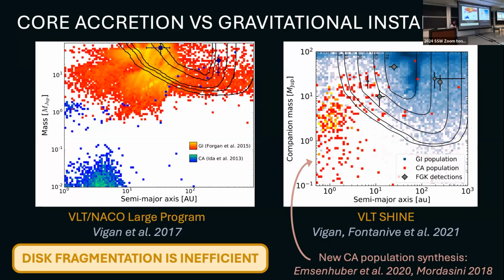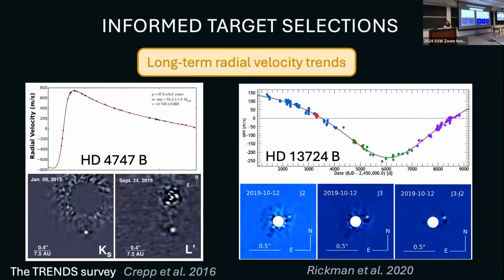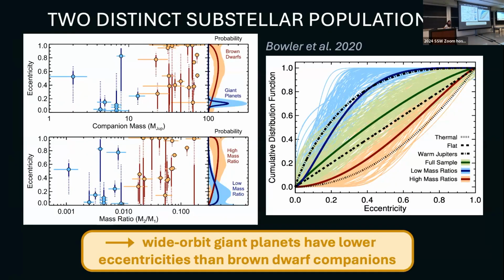Hi, I'm Xinyan from Tsinghua University. I'm very interested in these two distinct substellar populations, and I have two related questions. Maybe you can back up to the slides. Yeah, this one.